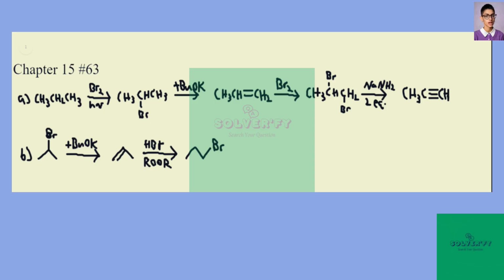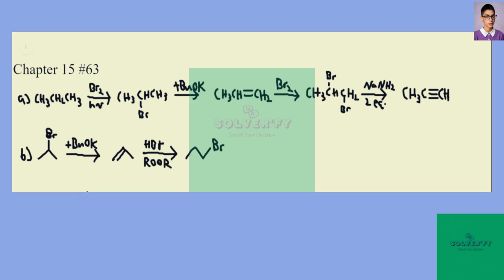So then for C, we're starting from acetylene, and we're trying to get to bromobutane. And so we're starting from 2 carbons and ending with 4. And we're starting with acetylene. So an easy thing to do is going to be to deprotonate that acetylene to an acetylide ion with sodium hydride.